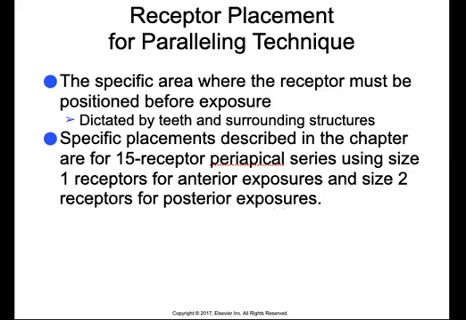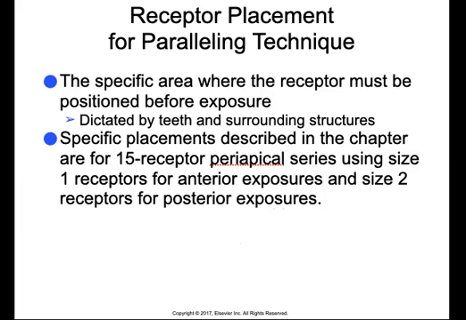All right, so the specific area where the receptor must be positioned before exposure is dictated by the teeth and the surrounding structures. And the specific placements described in this chapter are for a 15 receptor periapical series using a size 1 receptor for anterior exposures and size 2 receptors for posterior exposures. So I just want you to pay attention to that because in class we almost always use that size 2.